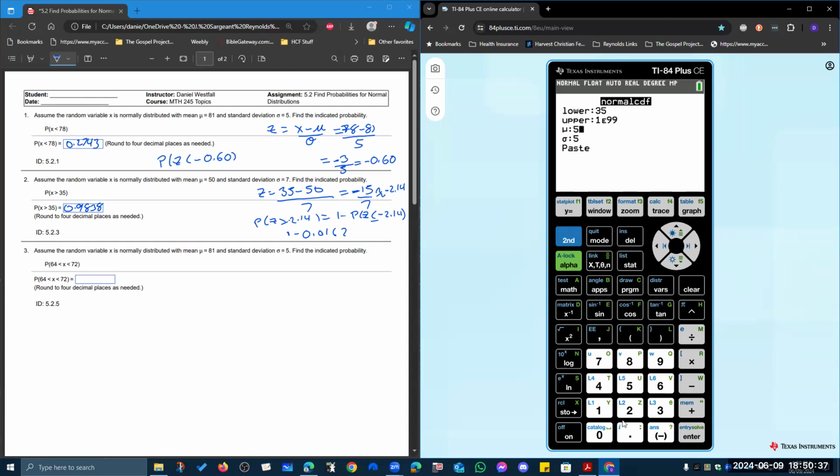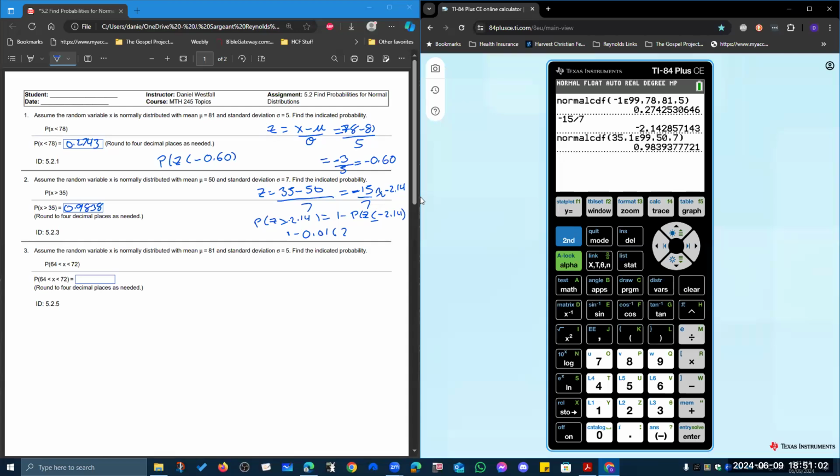Mean is 50, standard deviation is 7. I almost certainly am going to get a more precise answer from the calculator here because I rounded my z value. So 0.9839. See that? We're off by 1 in the 4th decimal place there.